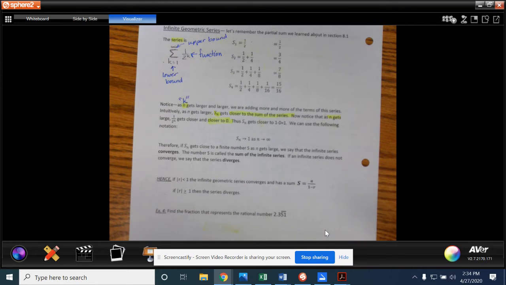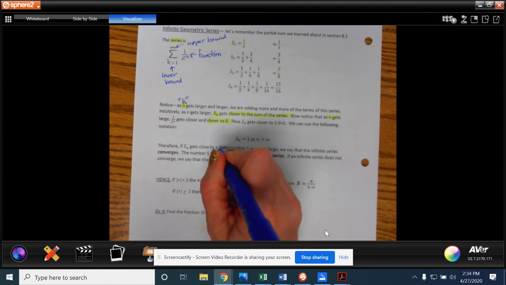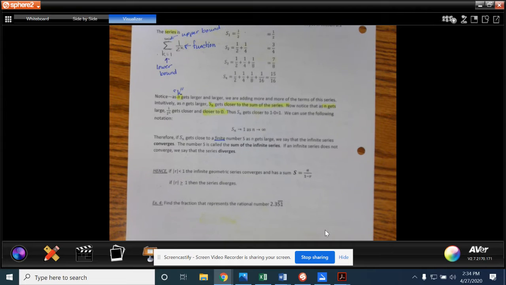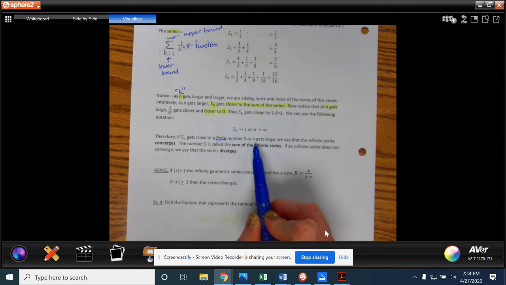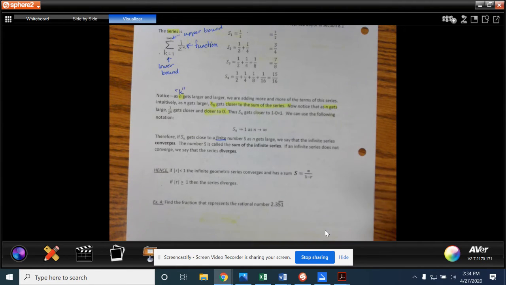So we have two things that happen. Therefore, if the sum gets close to a finite number, finite means an exact number, maybe that exact number is 1, 1/2, anything along those lines. That's an exact number. As n gets large, we say the infinite series then converges.